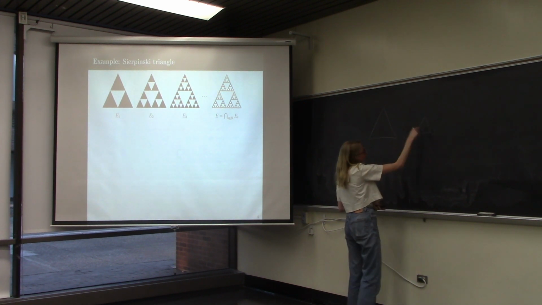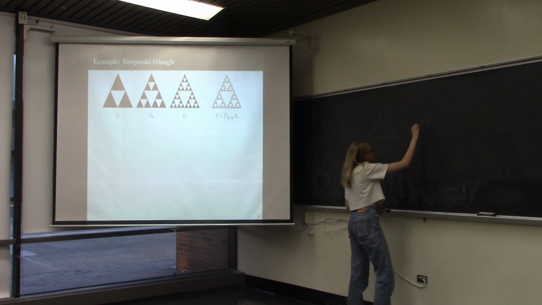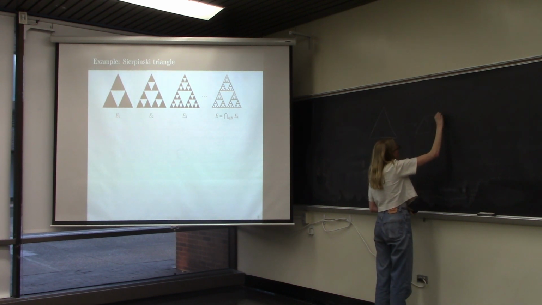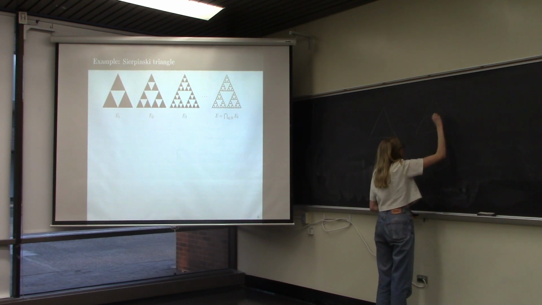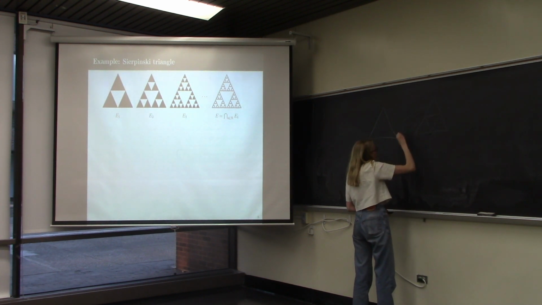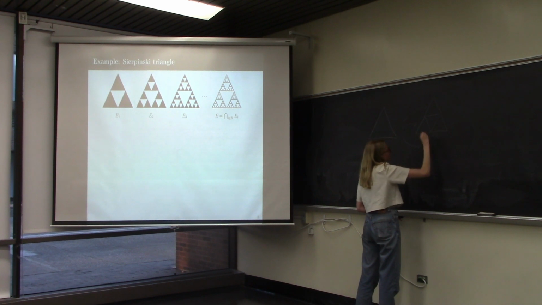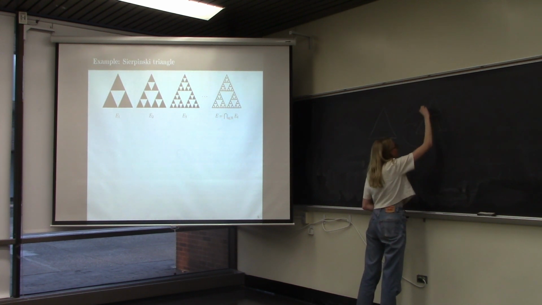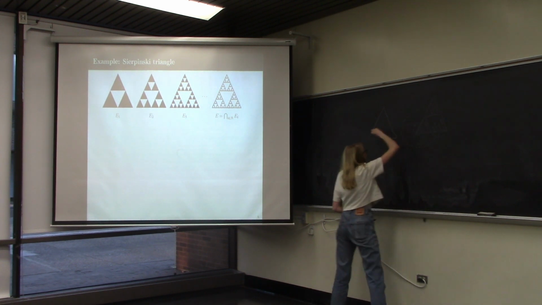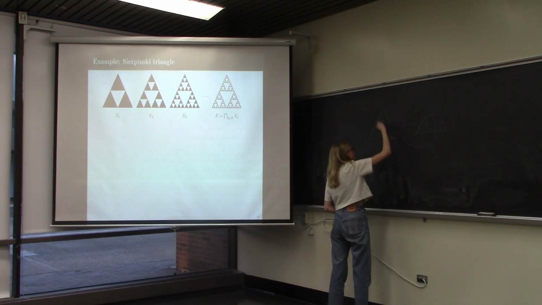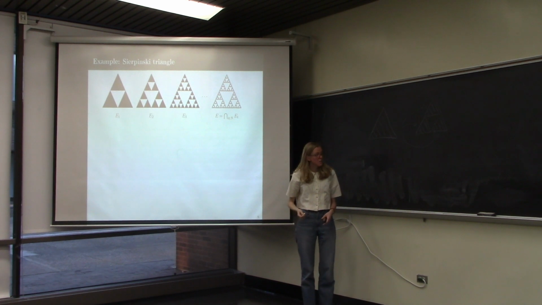One we map here, one we map here, and one we map here. So that's whatever we keep. Okay, so we have 3 maps.